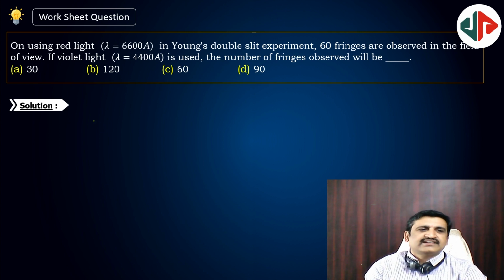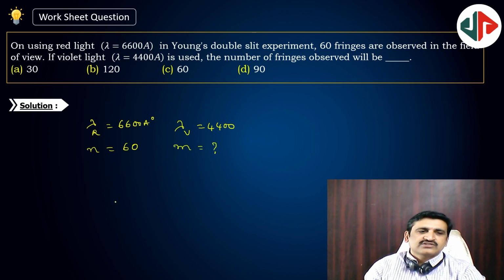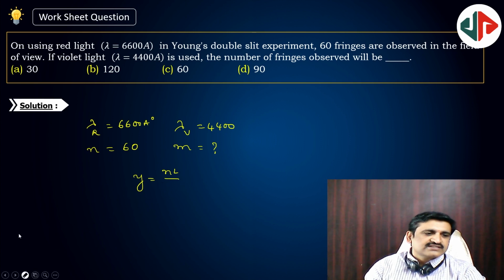On using red light, lambda R is equal to 6600 angstroms, in Young's double slit experiment 60 fringes are observed in the view. If you use violet light of 4400, the number of fringes observed will be, so M is equal to how many? For the same given distance, Y is equal to N L lambda by d. This implies N lambda is equal to M lambda 2.